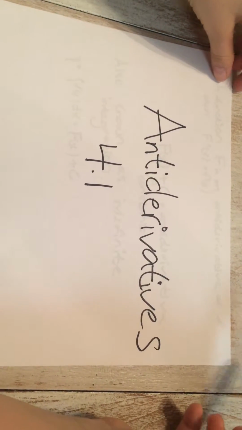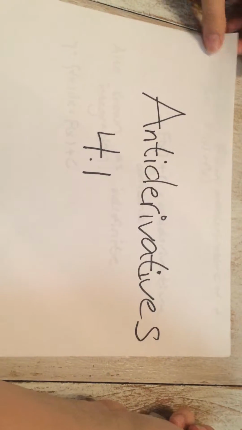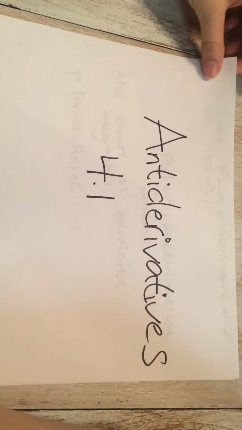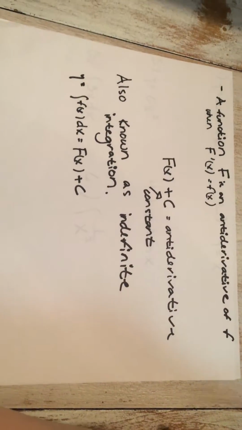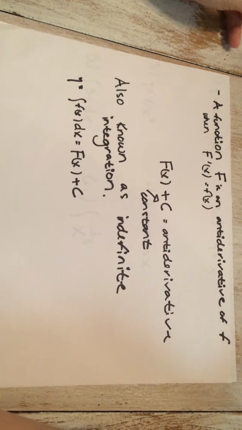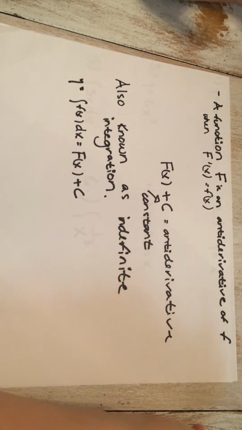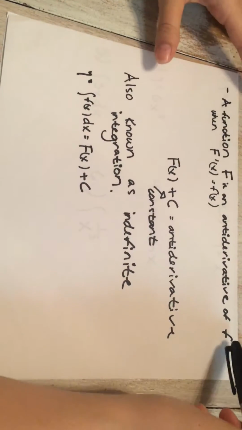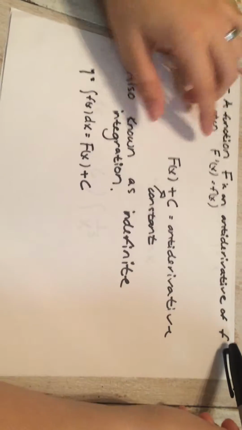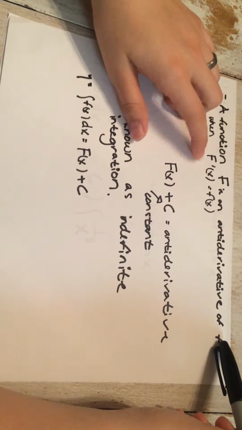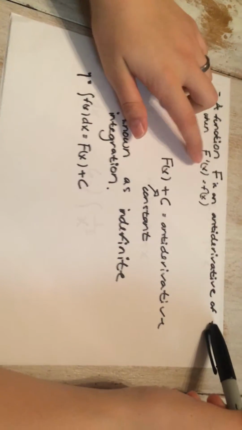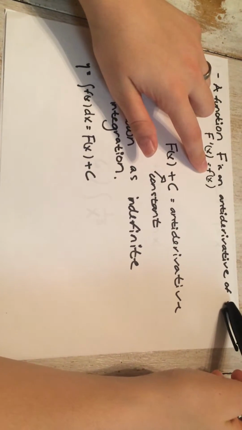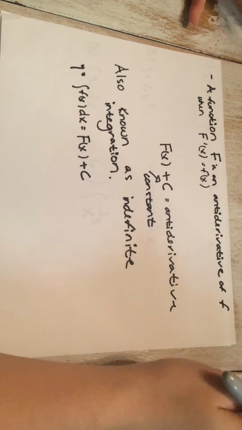Okay, so today we're going to be learning about antiderivatives, which is in chapter 4, section 1 in your textbook. Basically, for an antiderivative, the definition is: a function uppercase F is an antiderivative of lowercase f when the derivative of F of x equals the lowercase function f.